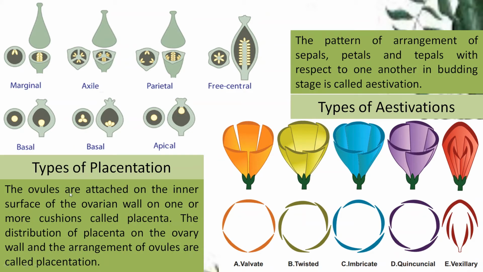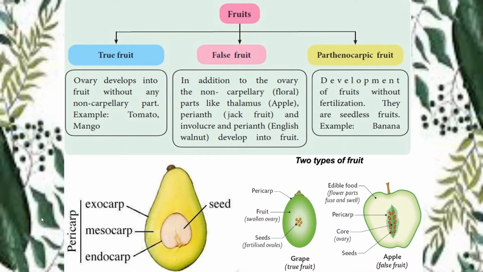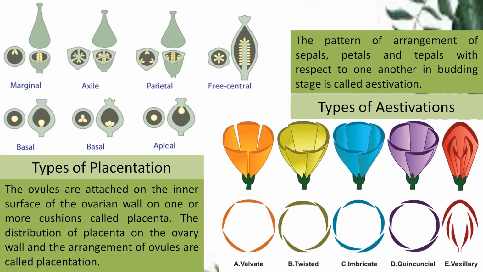The ovules are attached on the inner surface of the ovarian wall. See, these are the ovules which are attached on the inner surface of the ovarian wall on one or more cushion-like placenta. See, again here, these are the cushion.